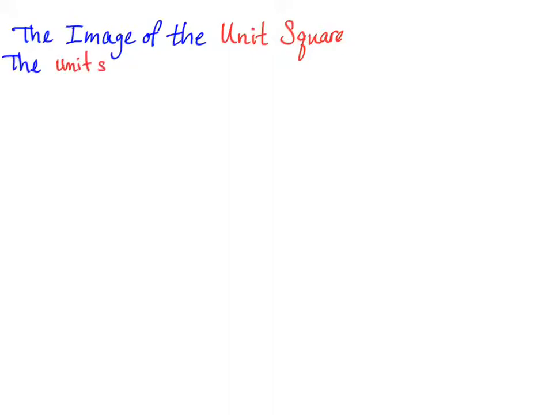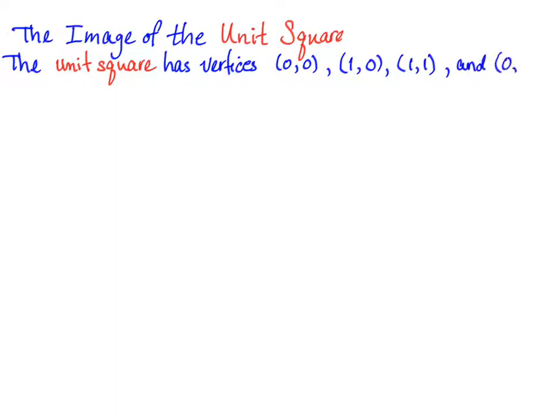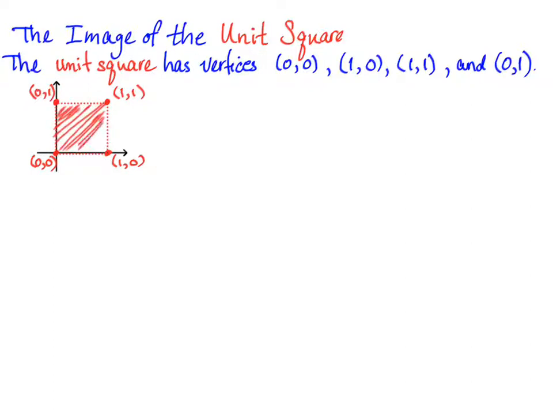So the unit square is defined to be the area of the region with vertices 0, 0, 1, 0, 1, 1, and 0, 1. So let's see what it looks like. So I plot the 4 vertices. And there it is. That's called the unit square. Each side has length 1.